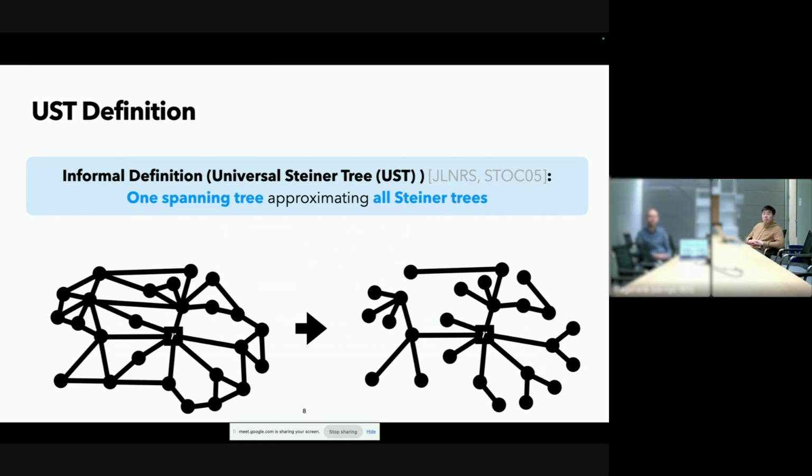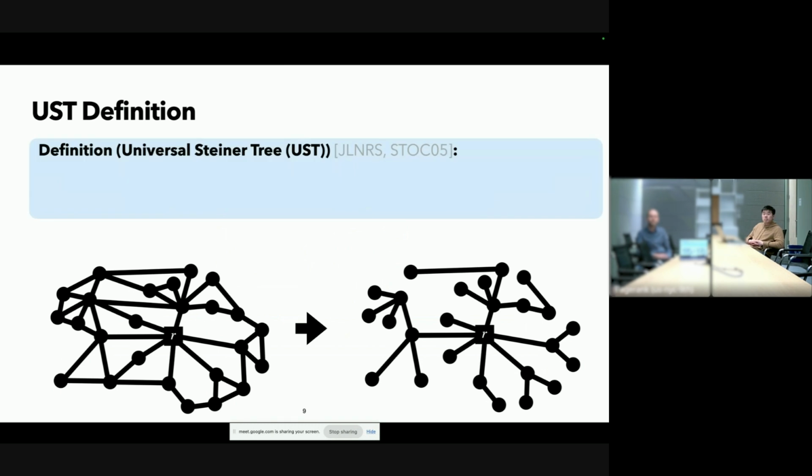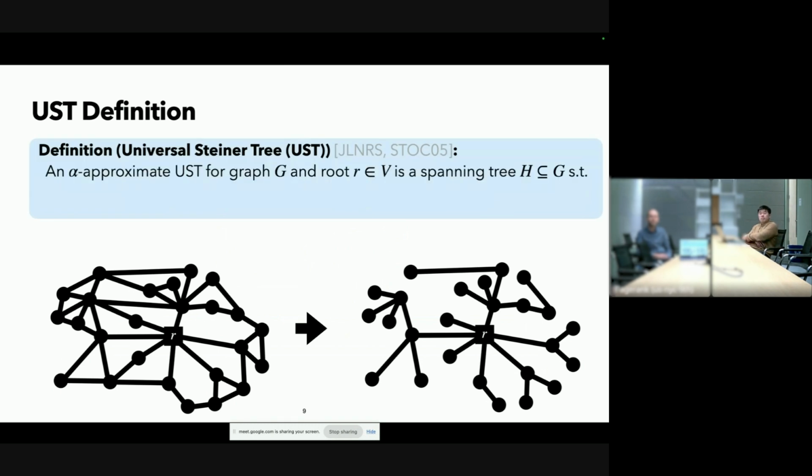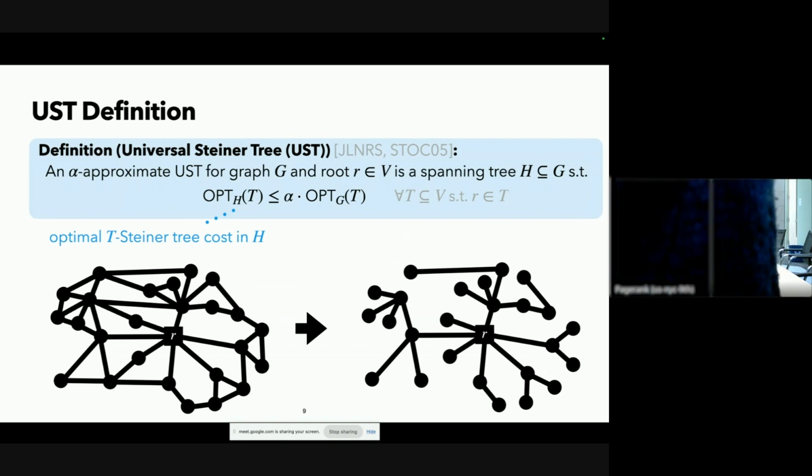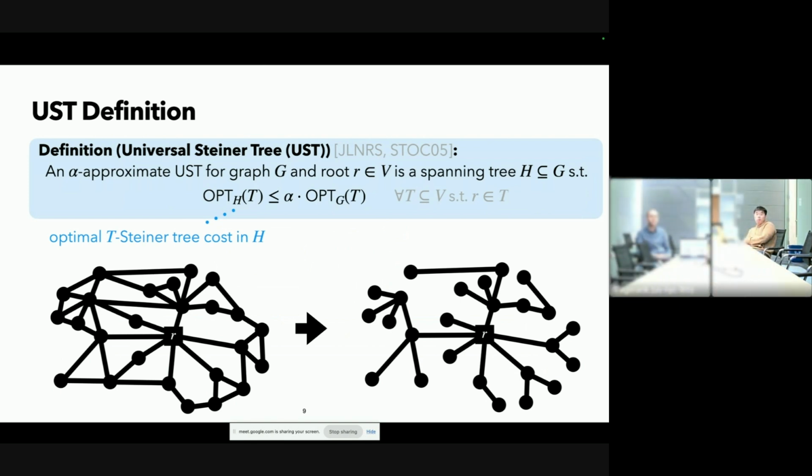So let me do this a little bit more formally. What is a universal Steiner tree? An α-approximate universal Steiner tree, given some graph G and some root vertex R, is just some spanning tree of the original graph where, if you look at any subset of terminals, the cost of the optimal Steiner tree connecting those terminals in that spanning tree should be at most an α factor larger than the cost of the optimal Steiner tree connecting those terminals in the original graph.